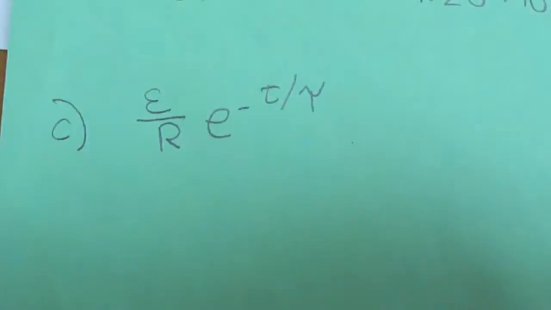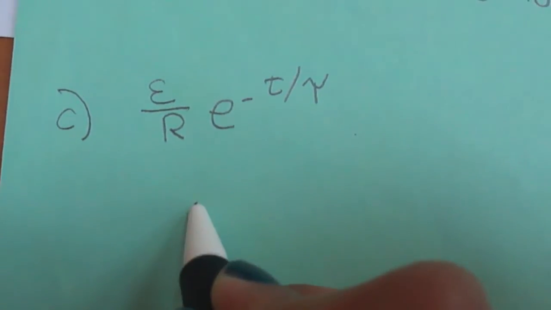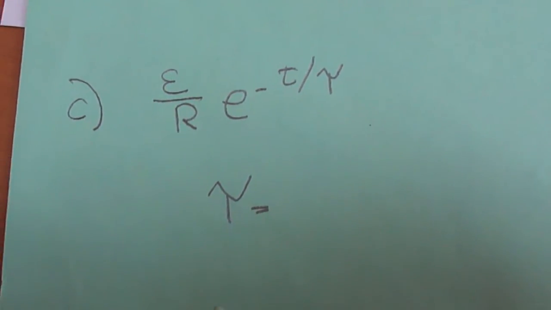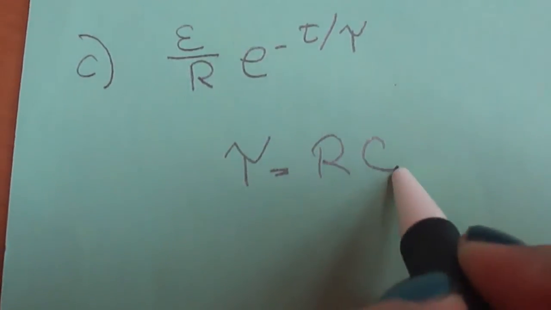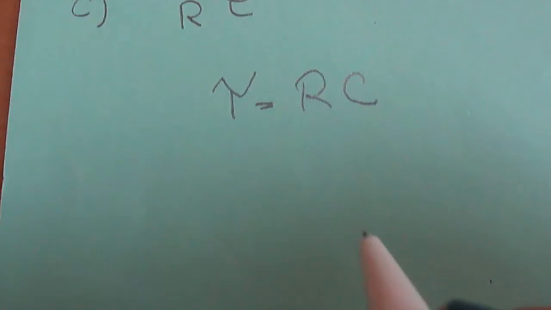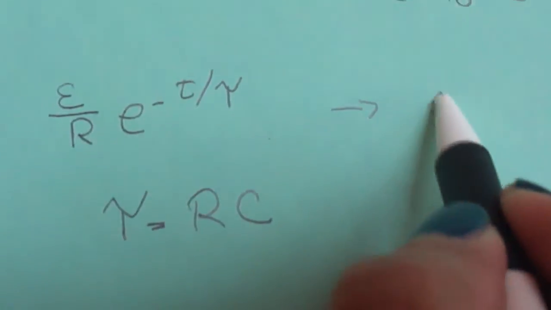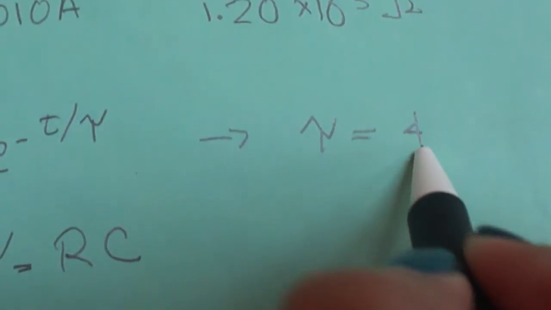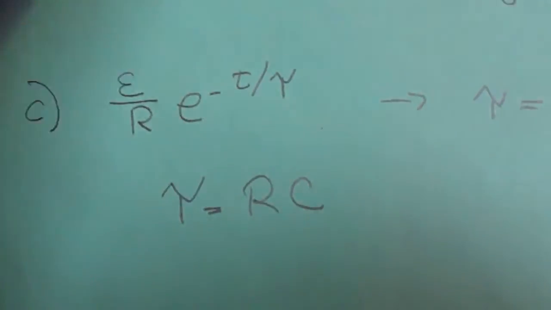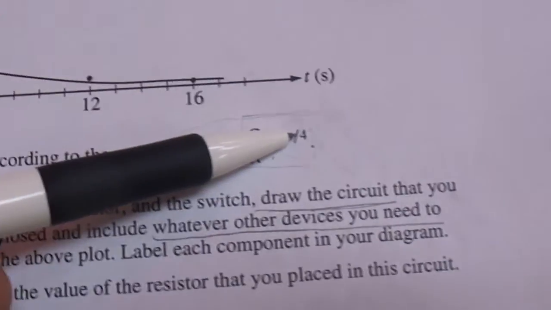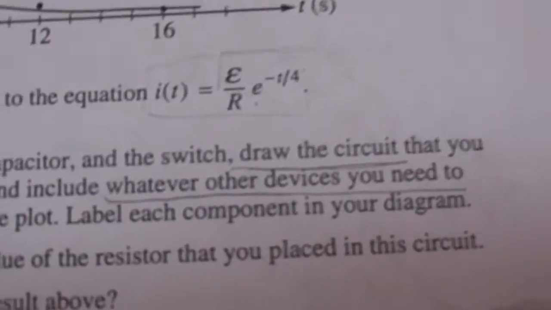If you look, it's really similar to another formula we know, which says that tau is equal to RC, and you guys have probably seen that. And this is what we want, because they've given us that tau equals 4.0 seconds, just because if you look here in the equation, that's the denominator, so that's equal to tau.